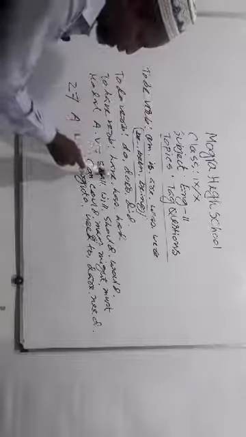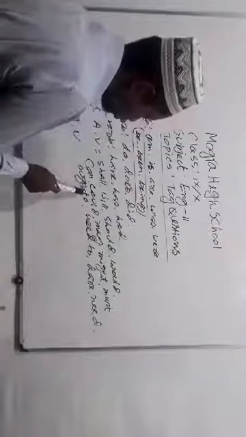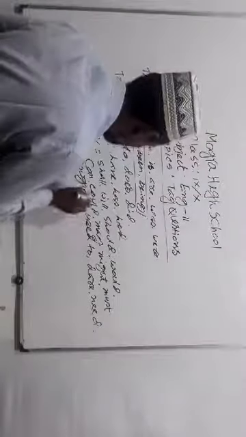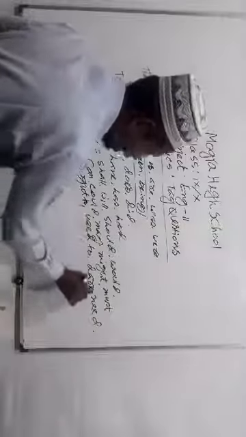Okay, dear students, to be: am, is, are, was, were, be, been, being; to do: do, does, did; to have: have, has, had; modal auxiliary verbs: shall, will, should, would, can, could, may, might, must, ought to, used to, dare, need.